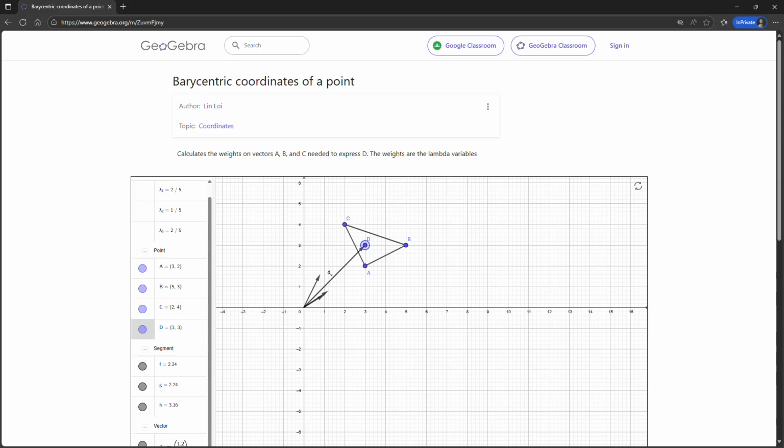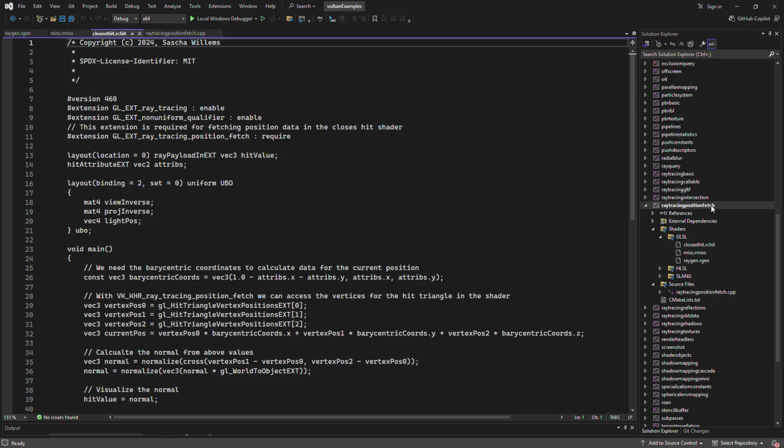This example is the ray tracing position fetch example that we're trying to investigate. Basically, the GPU easily can give us barycentric coordinates, but in order to get the vertex data of a triangle, generally it would be a lot harder to do it.